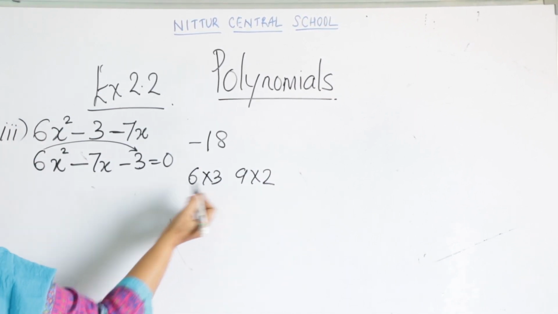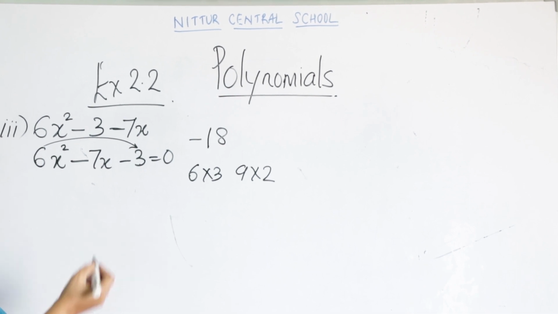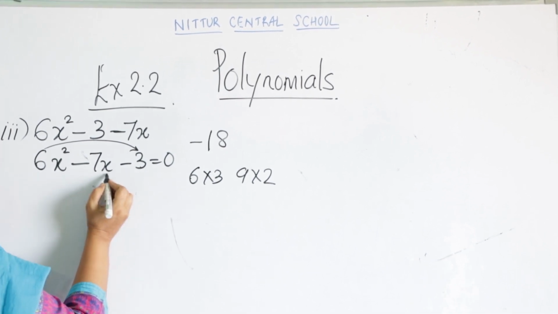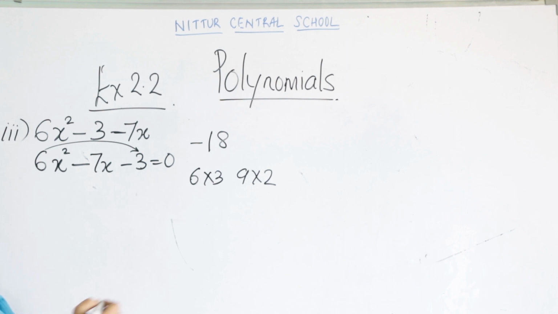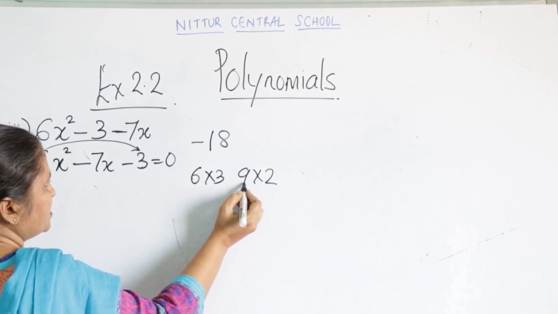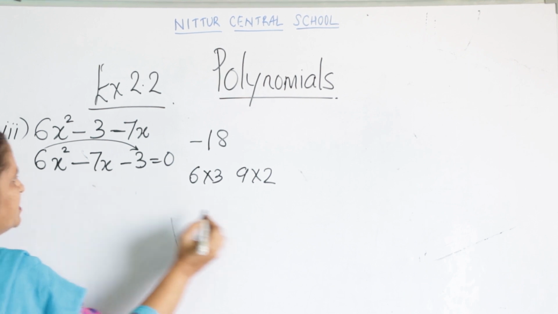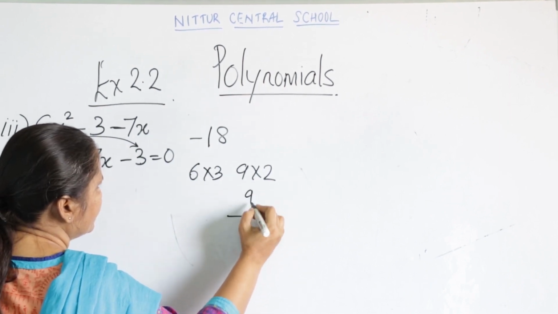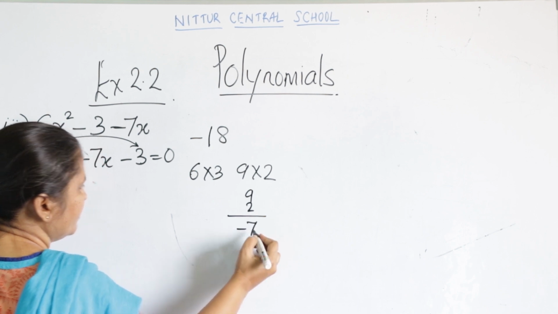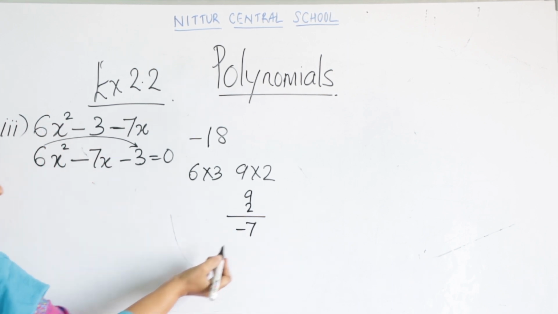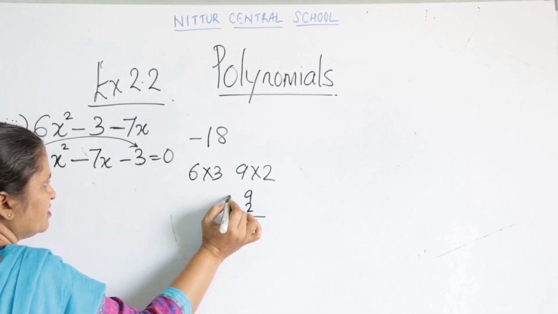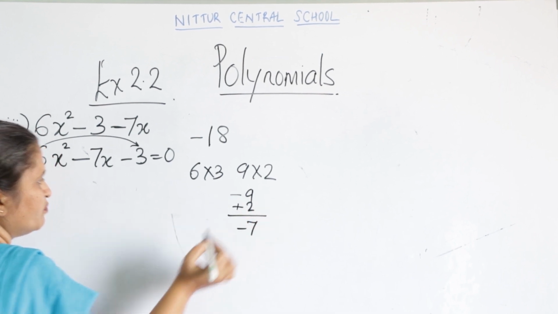Now with 6 and 3, either addition or subtraction does not give us minus 7, right? But here subtraction of 2 from 9 gives us minus 7. So we will take 9 and 2, but we ensure that we get minus 7. For us to get minus 7, we should take minus 9 plus 2.